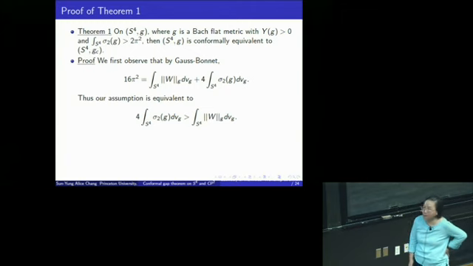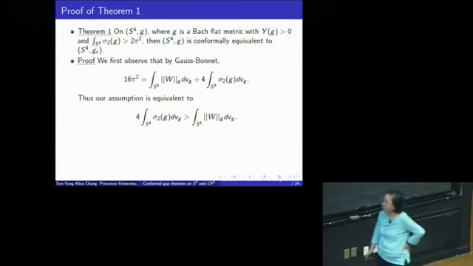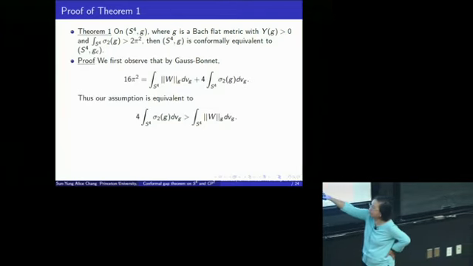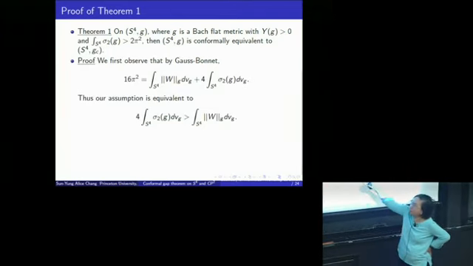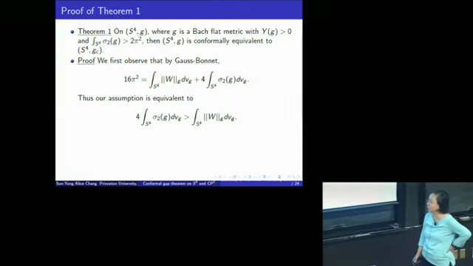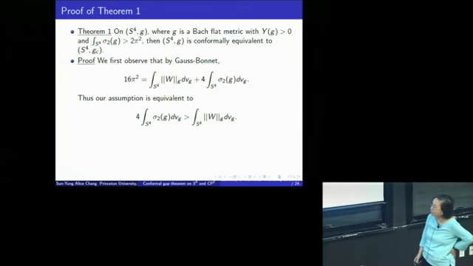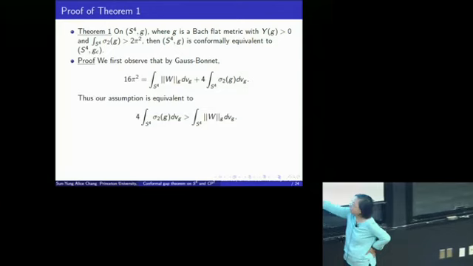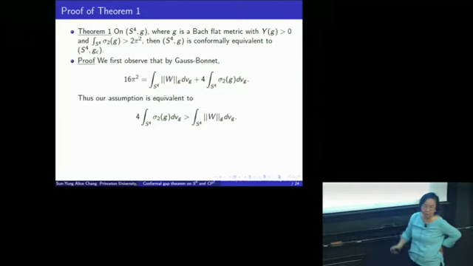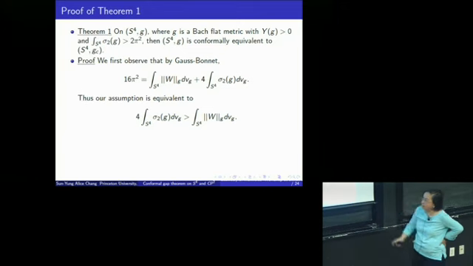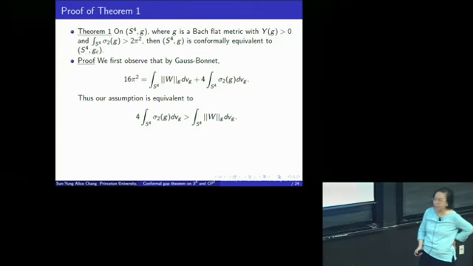So how do we see that? First, on S4, we have this Gauss-Bonnet. The left-hand side becomes 16 pi squared because the Euler characteristic equals 2. So this assumption, that this thing is greater than 2 pi squared, is equivalent to saying the functional is great.